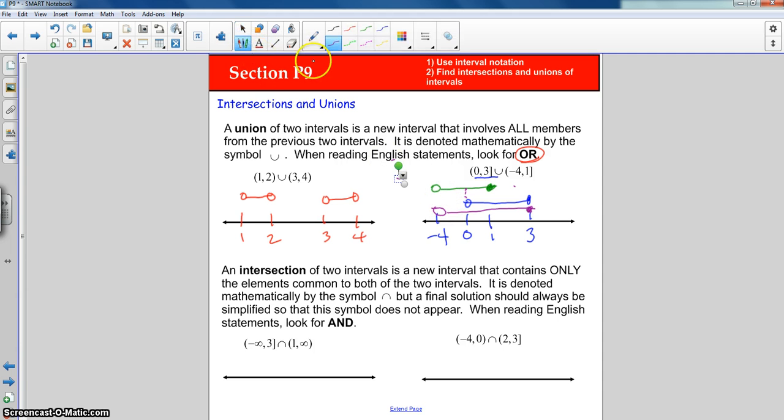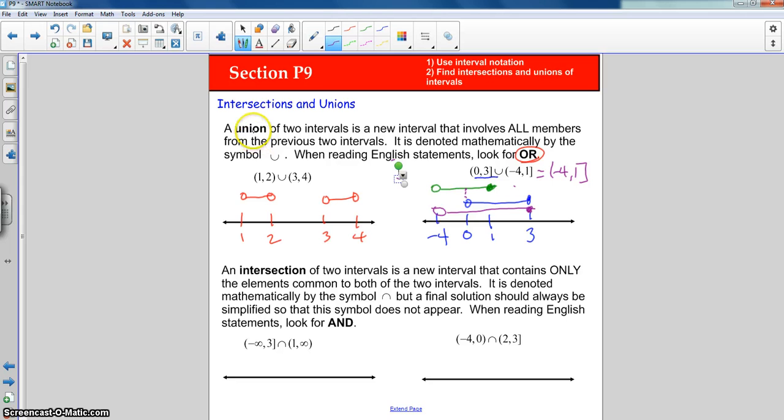So if there's an open circle but a solid line in between, that value is still included. So the union, I could actually simplify to -4 to 1 inclusive, and you always want to try to simplify it if you can. Okay, so that's a union.